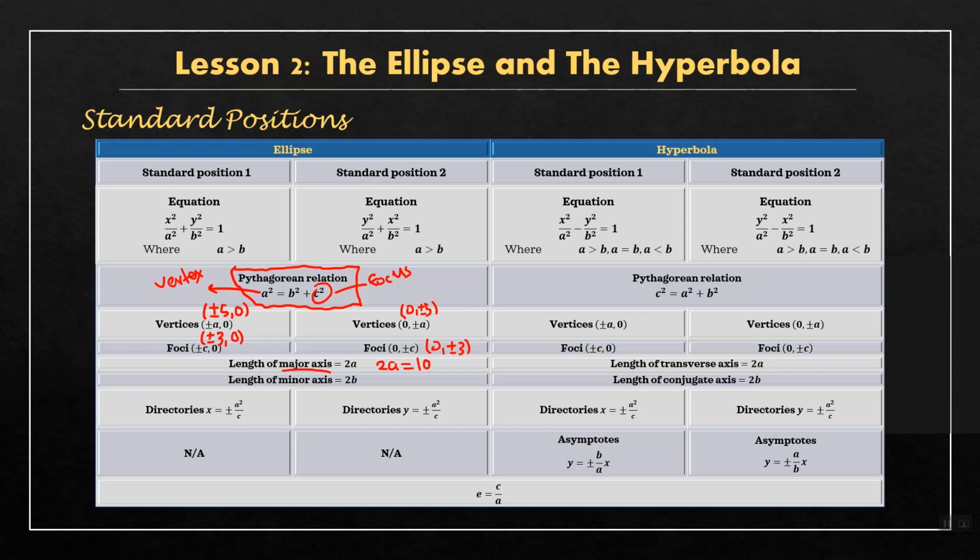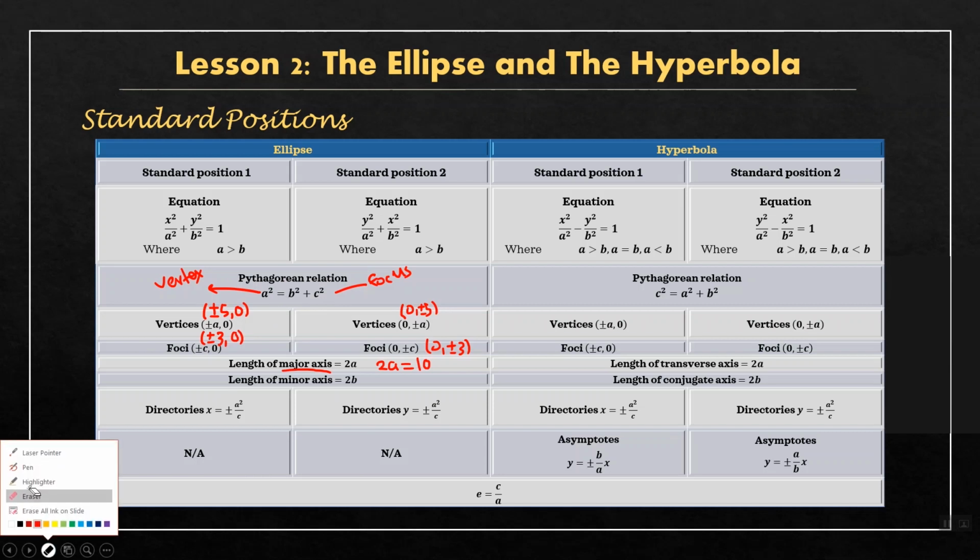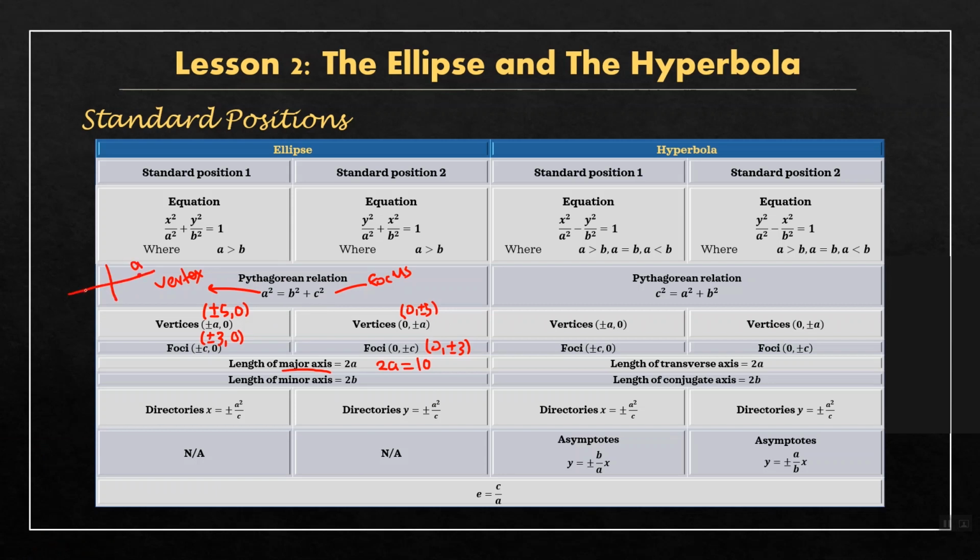We use what we call the Pythagorean relation, Pythagoras theorem. How do we use Pythagoras theorem? We say a squared is equal to b squared plus c squared. It's easy to remember this one if you remember the sketch. Now a, remember that always a is the furthest from the origin. It is far from the origin.